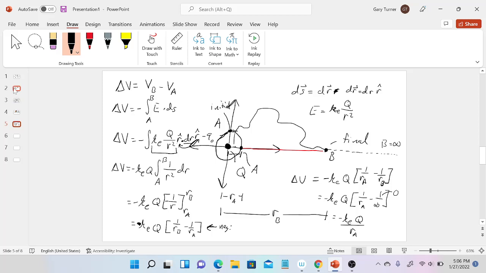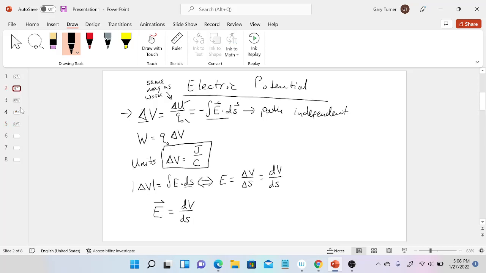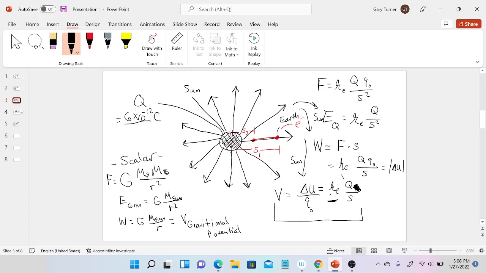Was it on this slide? No, it would have been on this slide. Yeah, it's this result.